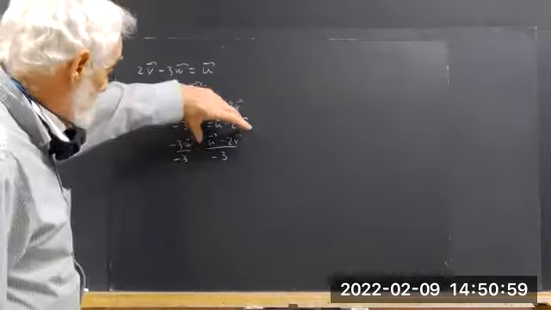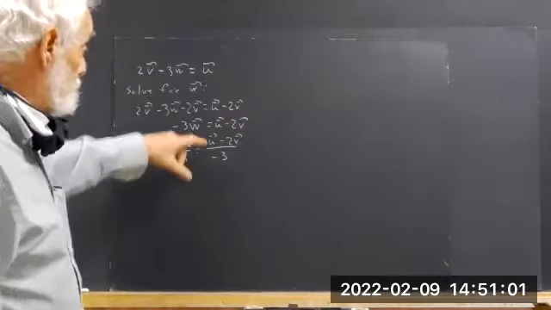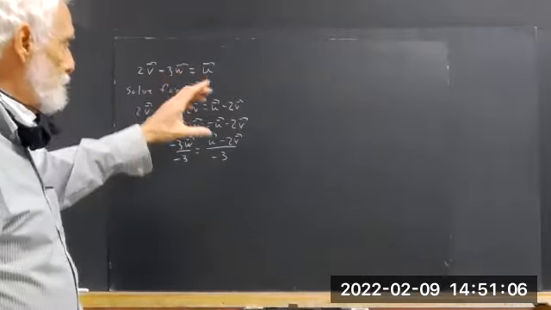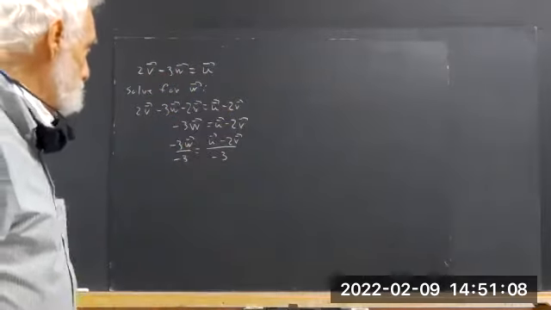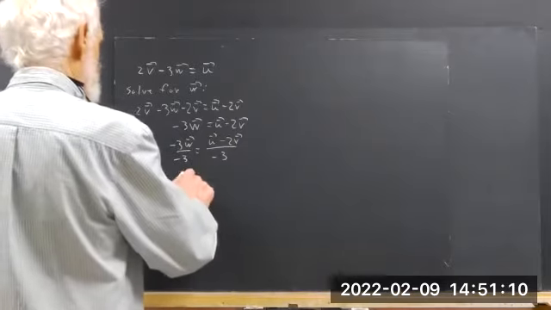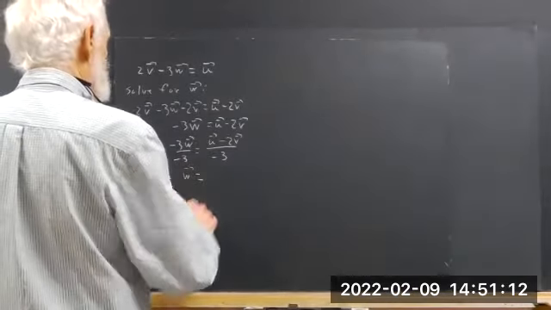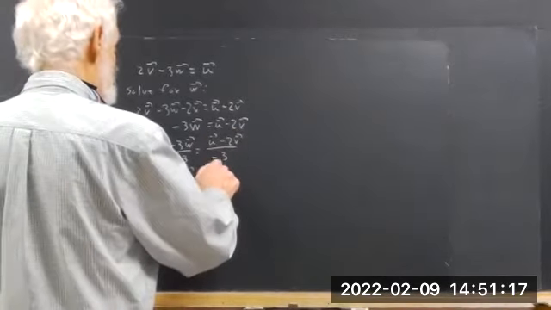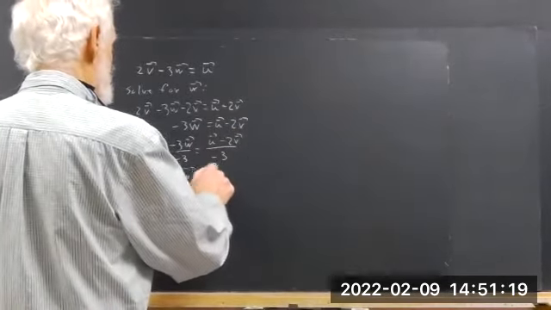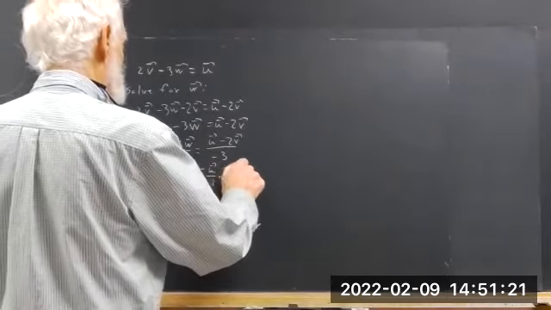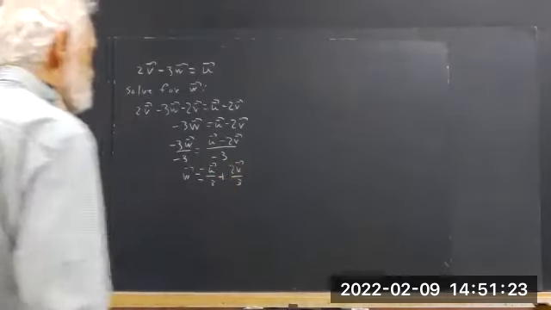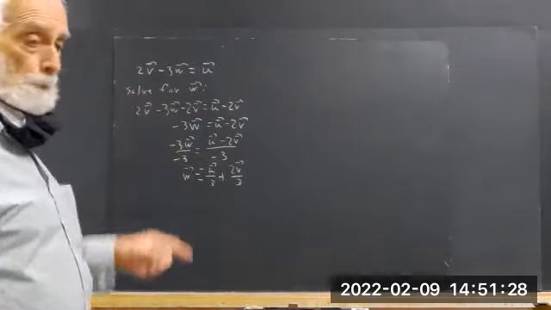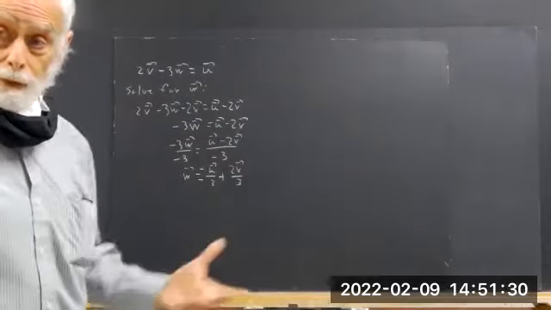So negative 1/3 times U minus 2V is negative 1/3 of U minus negative 1/3 of 2V. And the result is that you can treat these just like algebraic quantities. So if you know what U and V are, you can solve for W very easily.